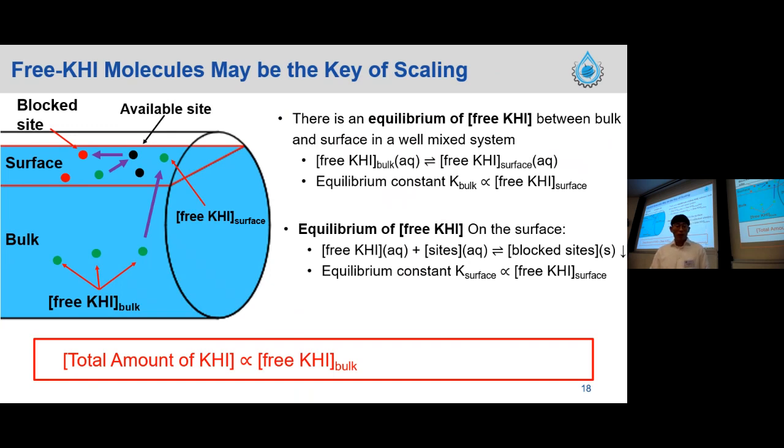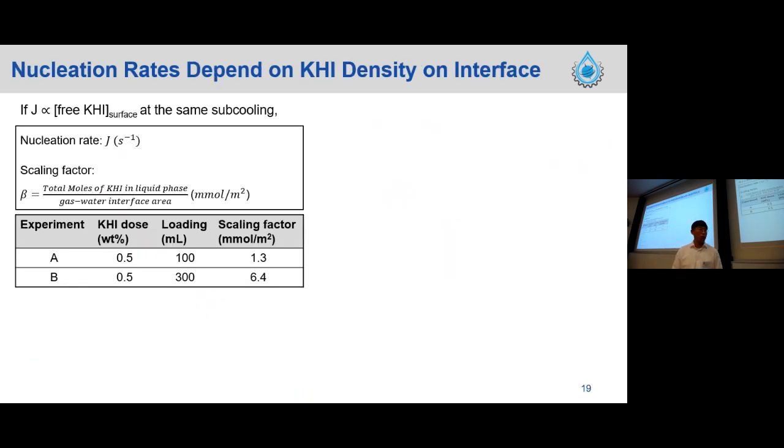When that happens, the free KHI in the bulk phase will be proportional to the free KHI molecules on the surface, and because that is directly linked to the sites, it will also be proportional to the nucleation rate. If that framework stands, then we can base on it to work out the scaling between experiments.